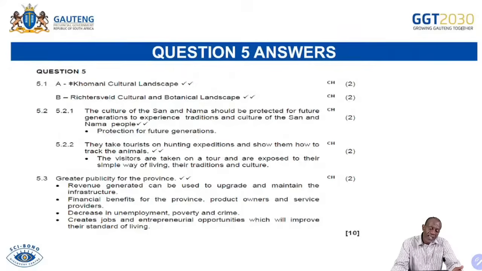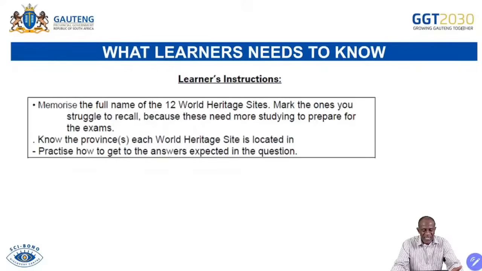A is Khomani Cultural Landscape, and number B is Richtersveld Cultural and Botanical Landscape, and 5.2.1 answers the aspect of the culture of the San people. 5.2 is as to the form of practices by which the San culture must be preserved, and the greater publicity of the province generates a lot of income, financial benefits, decreases unemployment, and creates job and entrepreneurial opportunities. This answers your question 5.